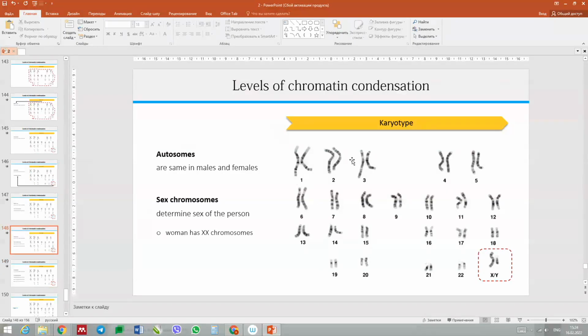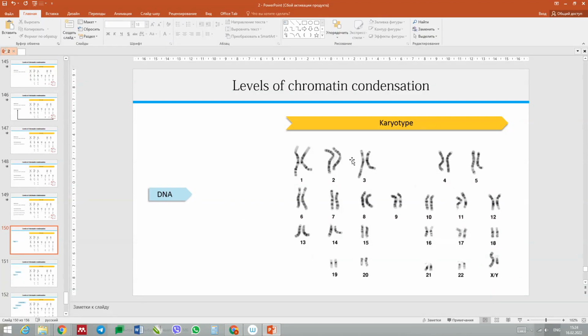If there are 2 X chromosomes, this will be a woman, and a man has X and Y chromosomes in somatic cells. All chromosomes together are called the karyotype. And the karyotype is comprised of 22 pairs of autosomes and 1 pair of sex chromosomes.